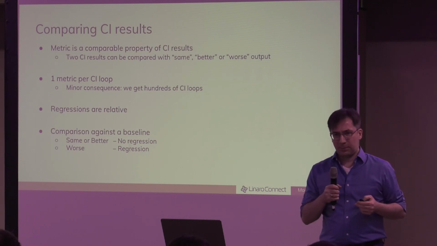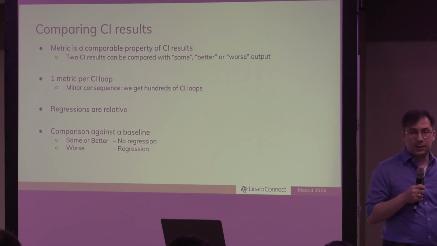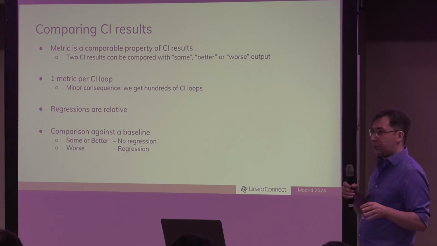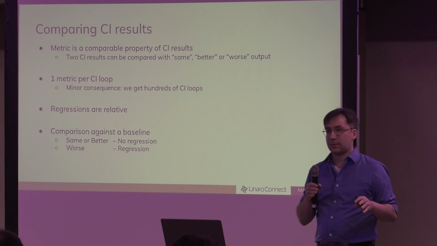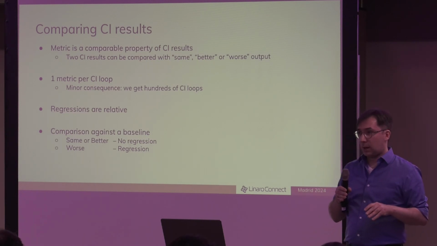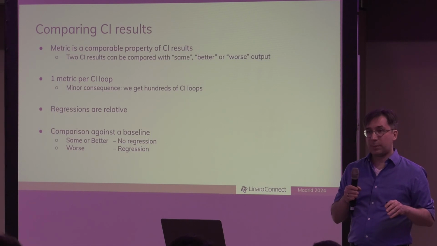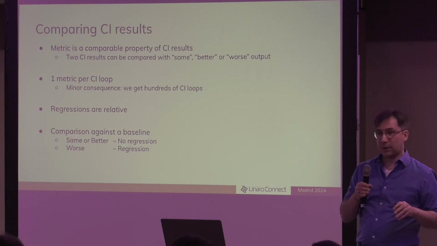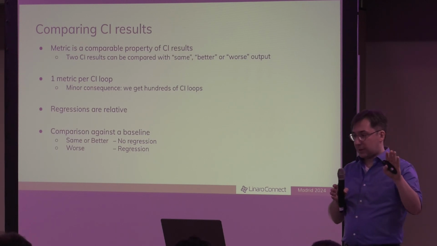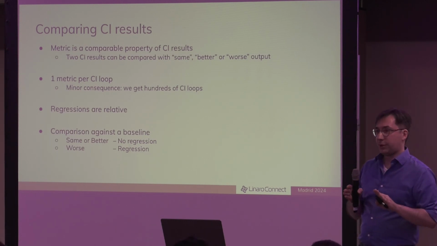Usually it's a number, but really it's just a predicate which is given two results, however they look. It can be two numbers, it can be two test result files with tests passing and failing. It can be performance feedback from Linux perf or from your benchmark. And that predicate just says, yes, there is a regression, or no, there is no regression.